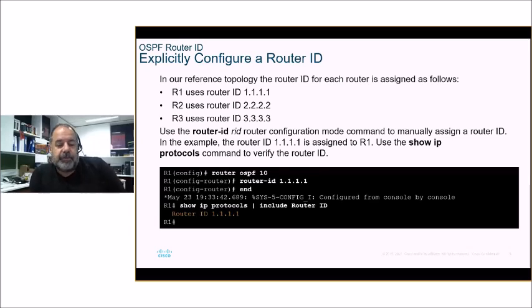As I said, the preferred way is the router-id command, followed by what ID you wish to set. They've gone the simple route here: router 1 is 1.1.1.1, router 2 is the 2s, and router 3 is the 3s. That's a sensible way of doing things.